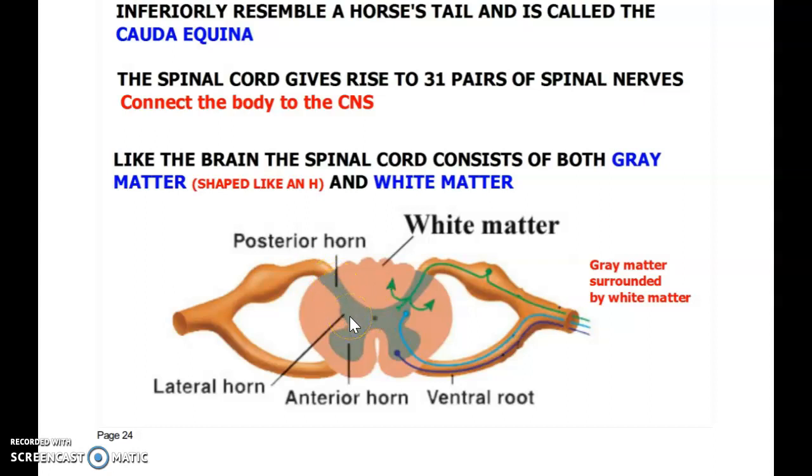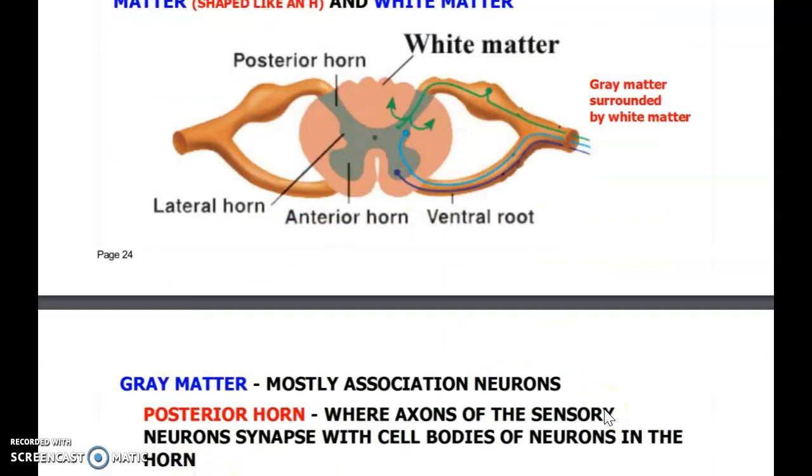If they face the front, they're a bit smaller. Those are the anterior horns. So remember, posterior is back, anterior is front. There are very small lateral horns, lateral meaning the side, and then we'll talk about roots in just a bit.